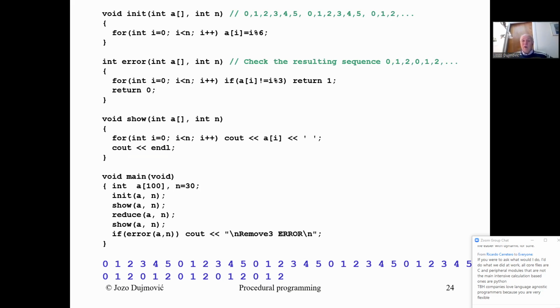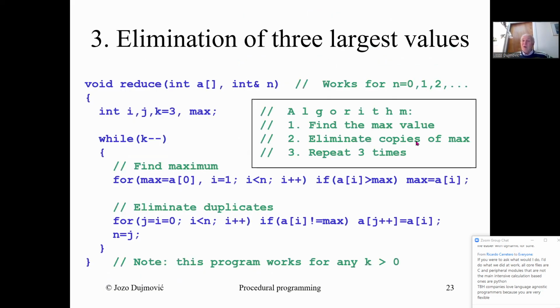Now, the program that is doing that: find the maximum value, eliminate copies of max, repeat 3 times. So what I have here is an array that has n components. Pay attention that this must be passed by reference. If you don't put this ampersand, you get 0 points in this exam, because it is not acceptable to make any mistakes in argument passing, because this is an elementary thing in programming.